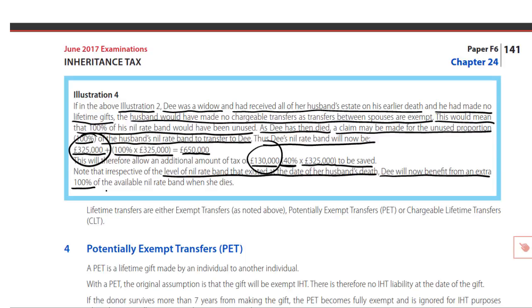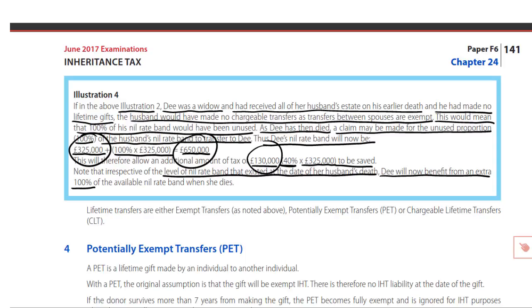So if back when husband died, the nil rate band had back then, for example, been 300,000 rather than the current 325, D would still get this 650,000 being 200% of the current 325,000 nil rate band. It would not be the husband's value, the amount of his unused nil rate band, 300,000, plus the current nil rate band, 325, totaling 625. No, it is better than that.